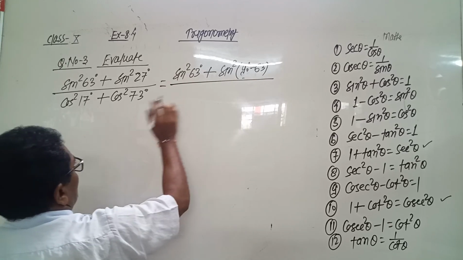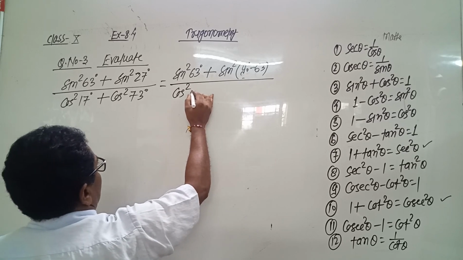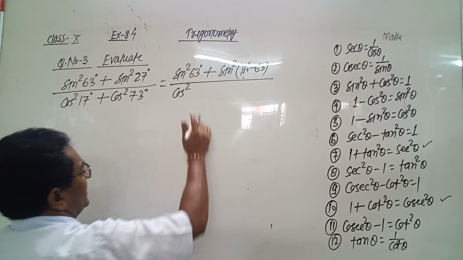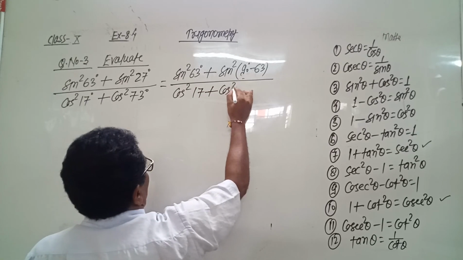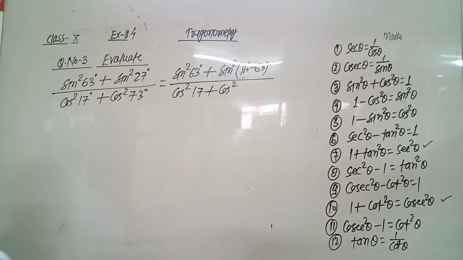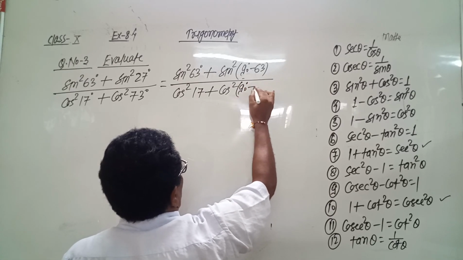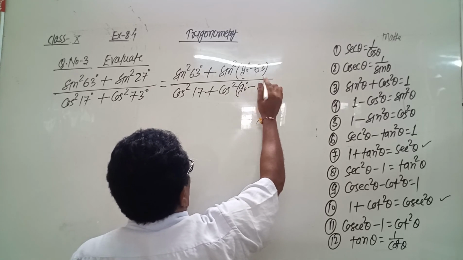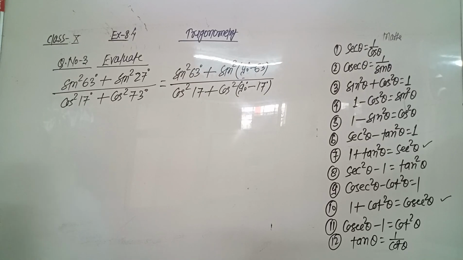Then cos square 17 degree as it is, and this cos square 73 can be written as cos square (90 degree minus 17 degree), because 90 minus 17 comes 73.